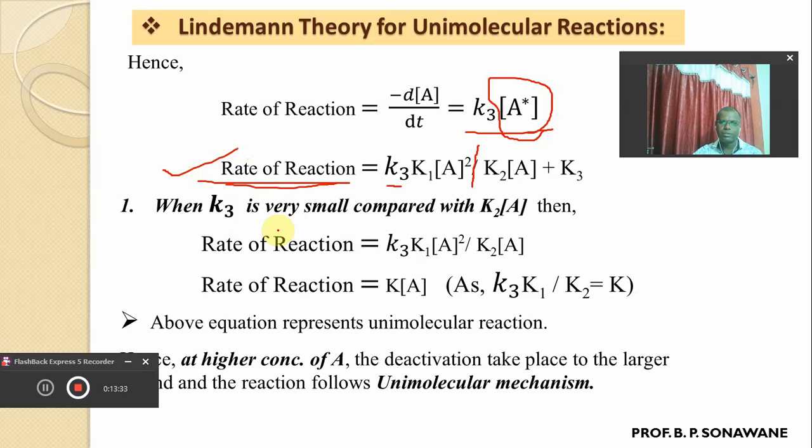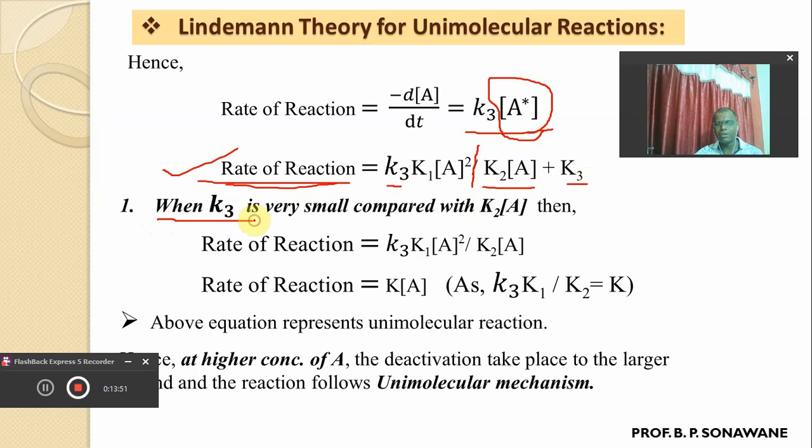So dear friends, here we have two terms in the denominator. One is K3, which is the rate constant for the decomposition of the activated molecule A star, and the other is K2 into A, which indicates the concentration of reactant. So here we will discuss two cases.